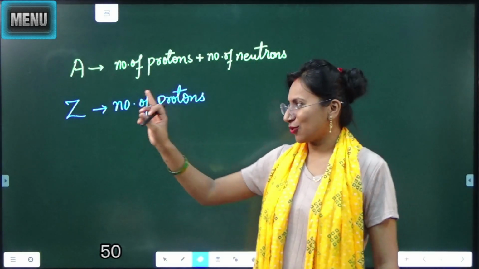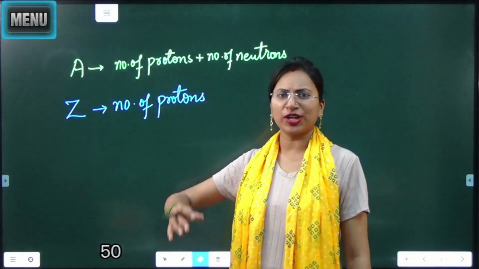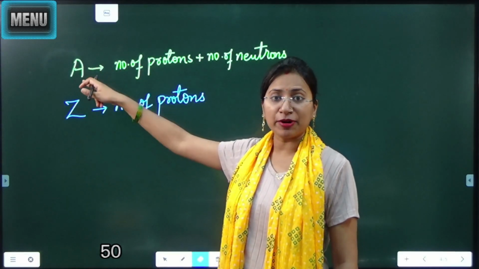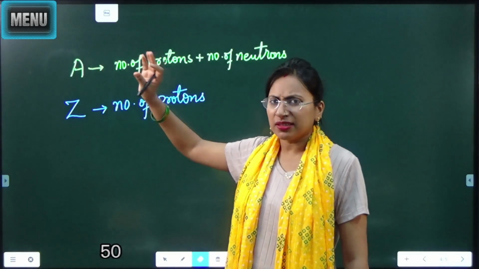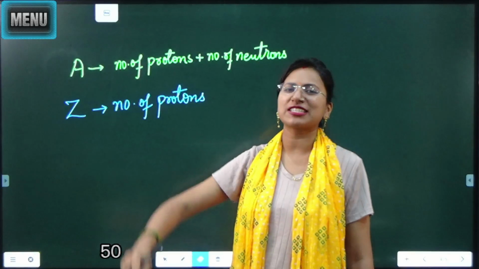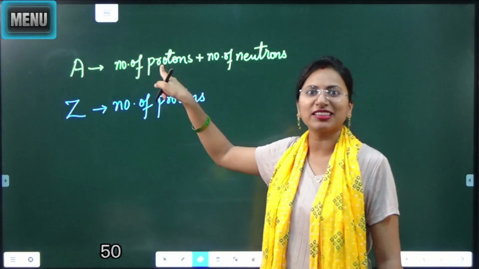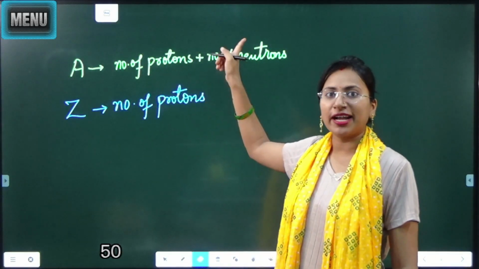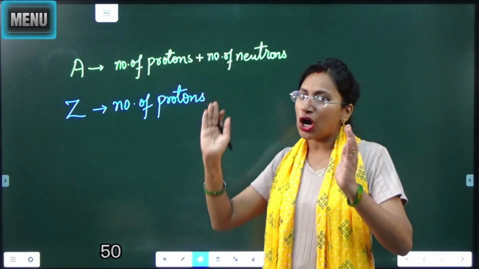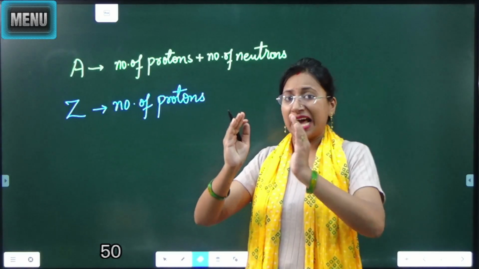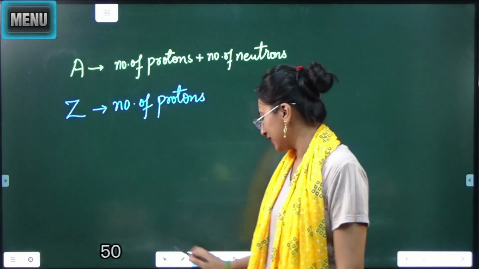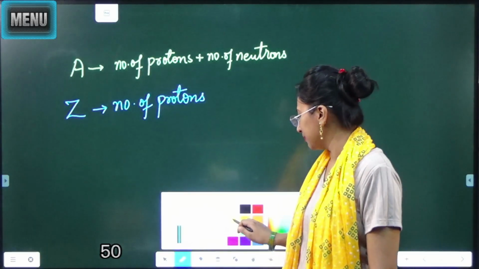So in a statement, you can also write that A represents the total number of nucleons, because the subatomic particles residing inside the nucleus are known as nucleons, and they are nothing but protons and neutrons. So let us write it here.